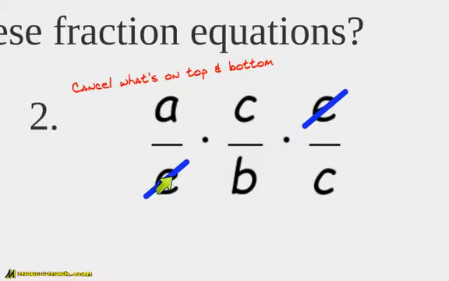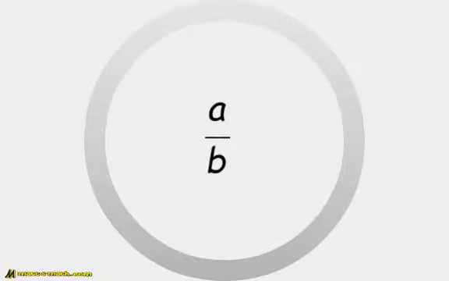Well, that's 1, so they go away, right? Same thing with the c's. You've got a c on top and a c on bottom, so c over c is 1. So we're left with a times 1 times 1, and 1 times b times 1. So you're left with a over b. And simply put, that's how it is. You just cancel them out like that, okay? a over b. Pretty easy, huh?